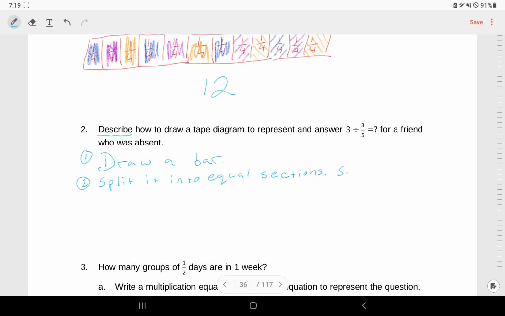Now, since it's 3 divided by 3/5, we want 3 wholes and we need to divide it into fifths because that's our bottom number.